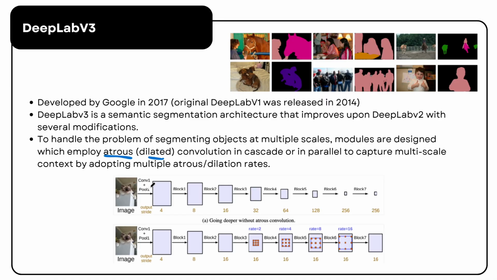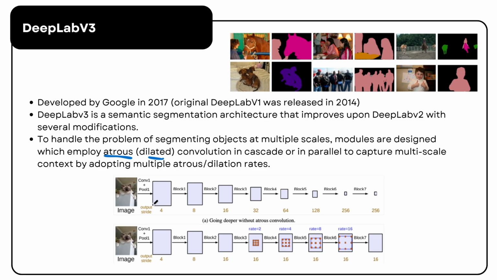So this allows the network to increase the receptive field, basically seeing a wider context, without increasing the number of parameters or computation.